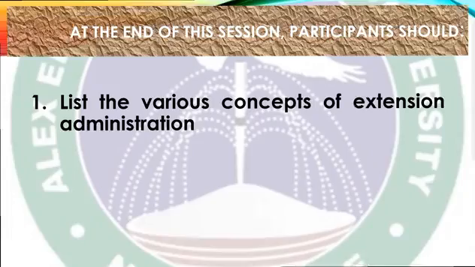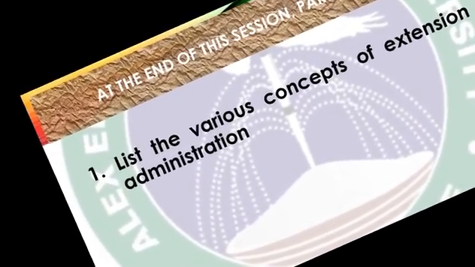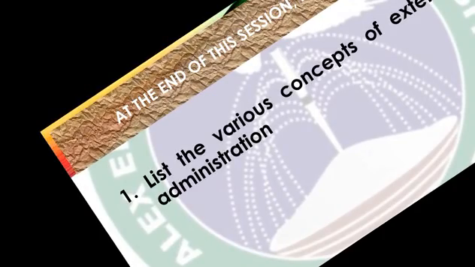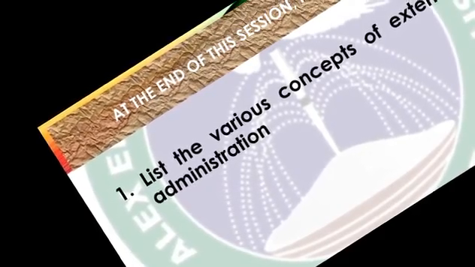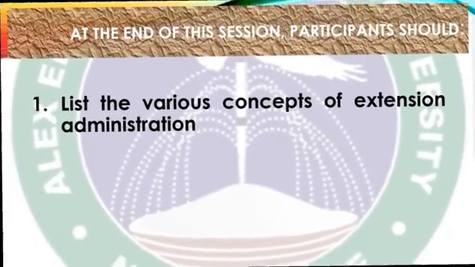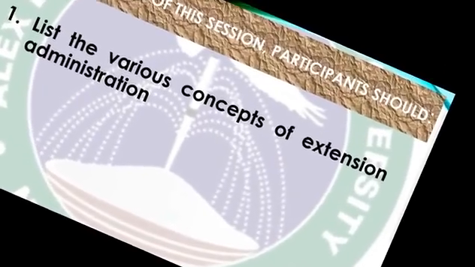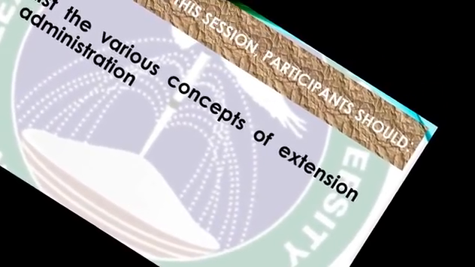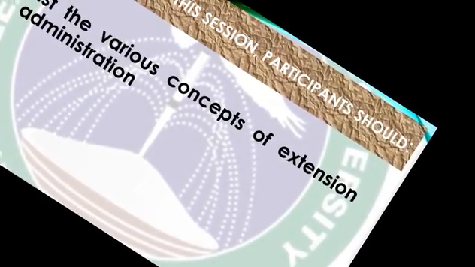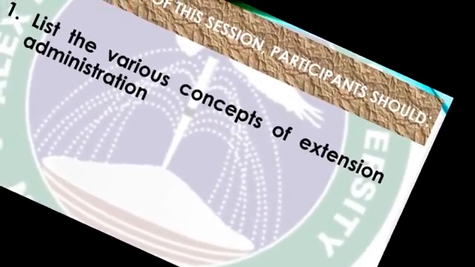Beyond that, you will need the knowledge for capacity development and to make sure you are relevant as someone who read agriculture in the university. So please be conscious of the need that you should be able to list the various concepts of extension administration.